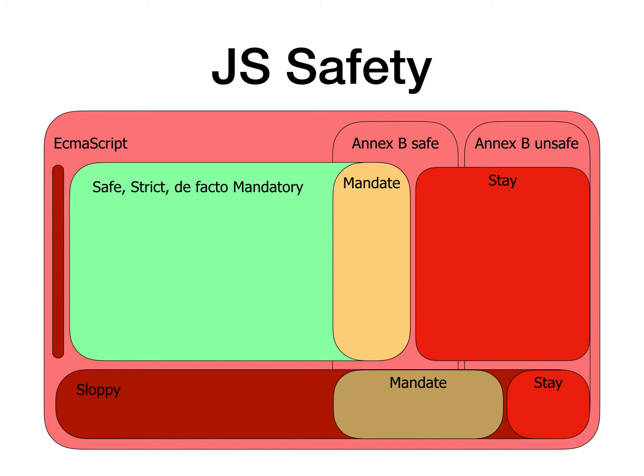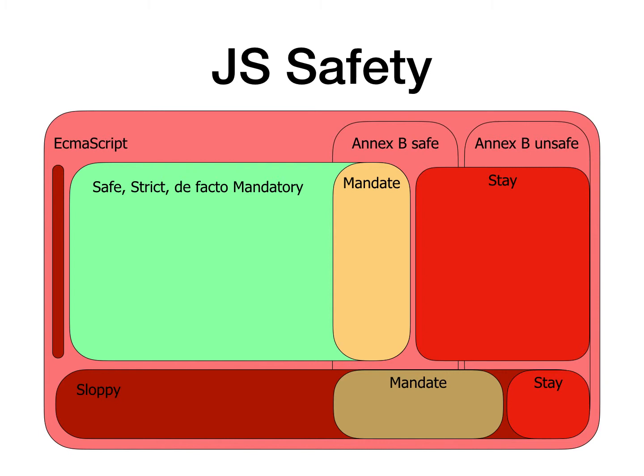So I want to use this Venn diagram to motivate the categories we should place the different elements of Annex B into. The outer thing is ECMAScript as a whole, including both strict and sloppy, including Annex B and the main spec.